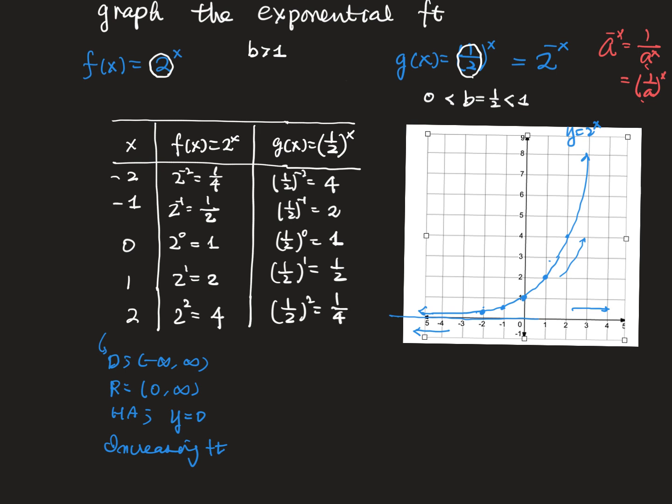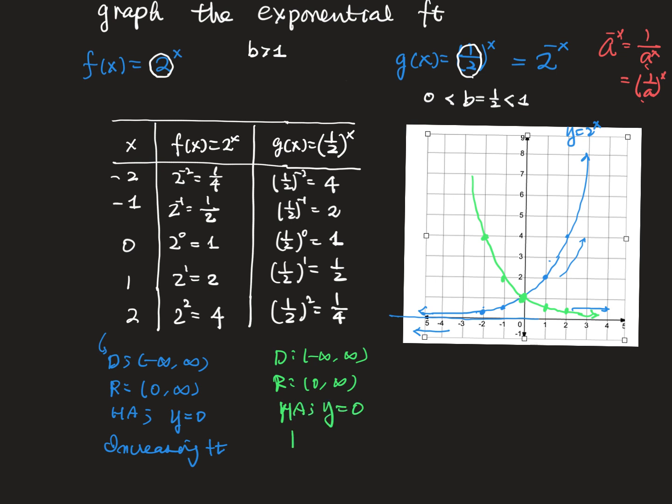So you have these points: negative 1 and 2, negative 2 and 4. Okay, let's sketch it. What characteristics can you find here? The domain is the same. The range is the same. The horizontal asymptote is the same.